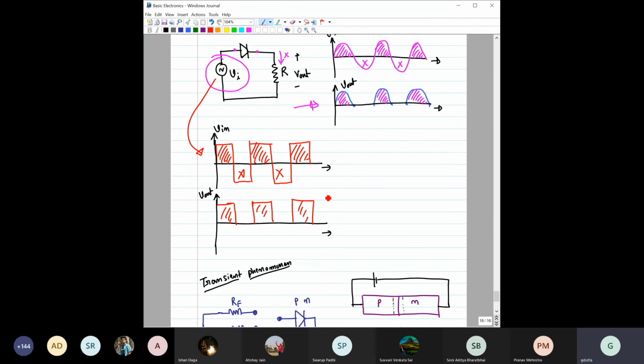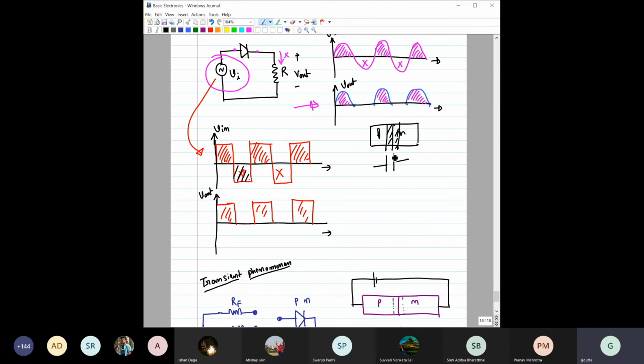Now the question is, if we consider a PN junction diode, I think in the last class itself we have seen that in this direction the diode is in reverse bias, and in reverse bias the depletion layer expands, there is a prominent amount of depletion layer. You have a depletion layer capacitance. So one capacitance is always associated with a PN junction diode in the depletion region.